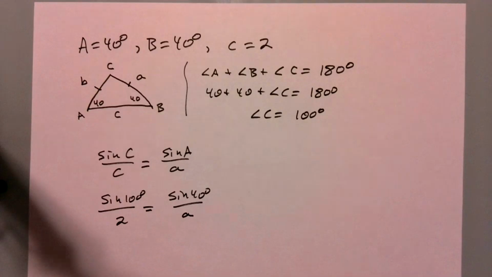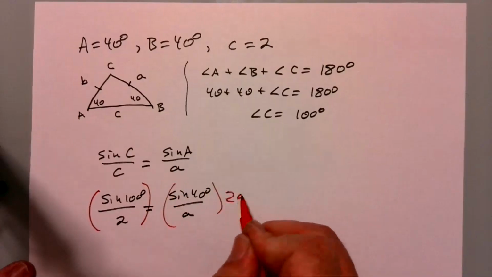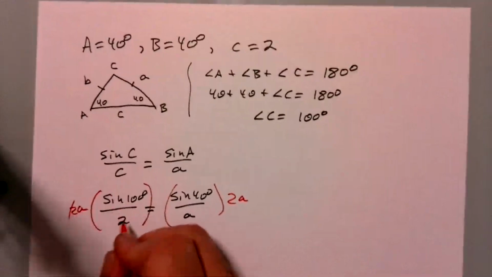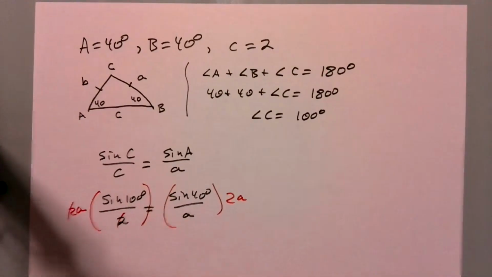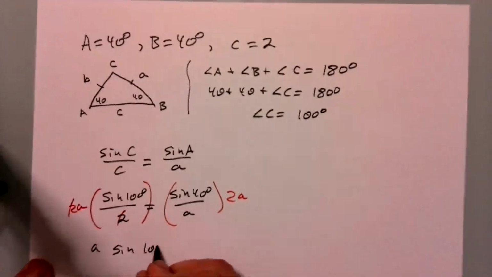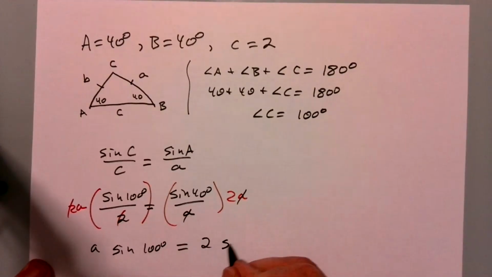Multiply both sides by 2a. Let me actually go ahead and do that this time rather than just skipping that. Multiply both sides by the common denominator, which is 2a. You'll notice the 2's cancel, and I get a times sine 100 degrees. The a's cancel here. Equals 2 times sine 40 degrees.